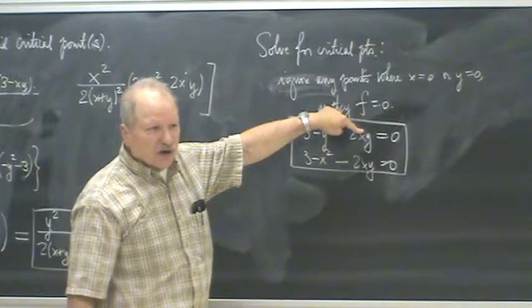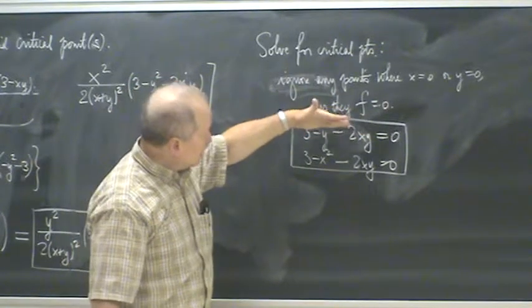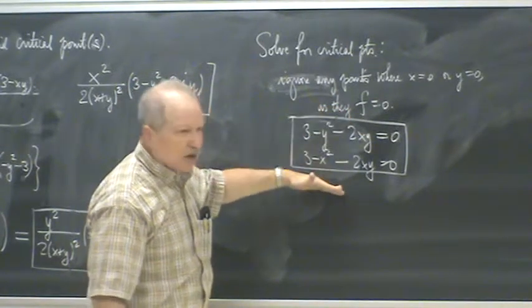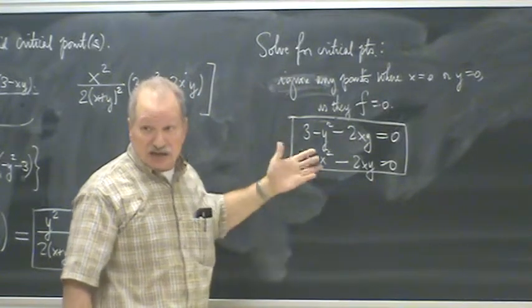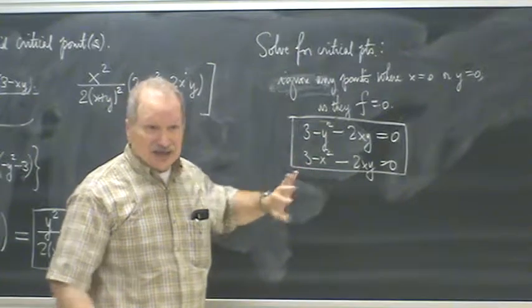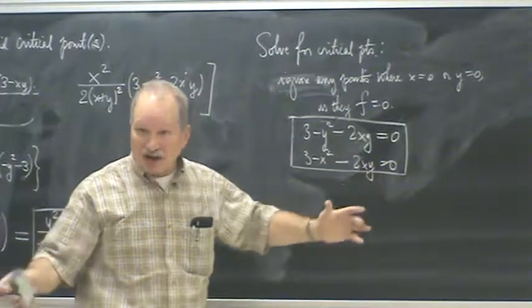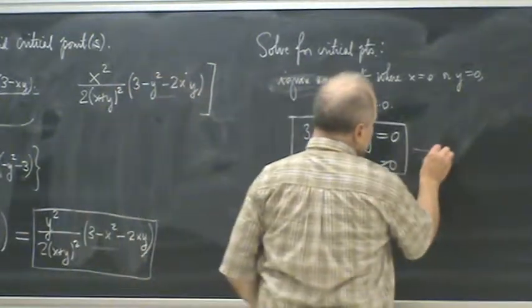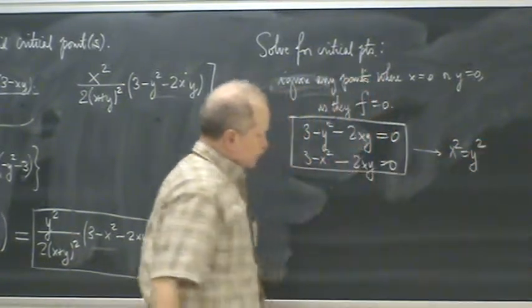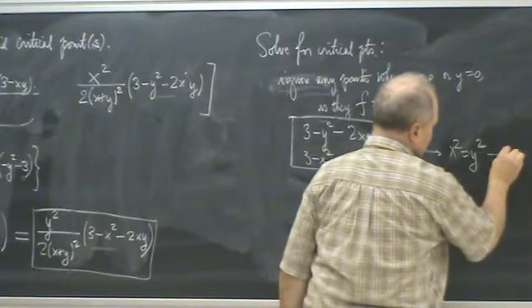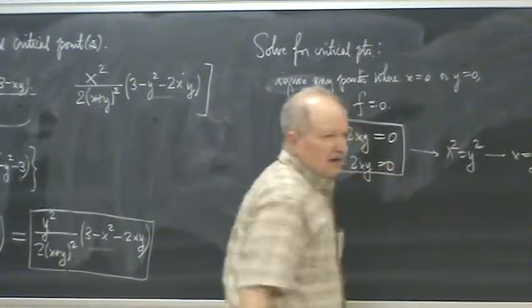So what do you infer? You infer that if these both hold, if I subtract the equations, I find out that y squared minus x squared is 0. That's not all the information, but that's part of the information. So combining these gives that x squared equals y squared. And since the values are positive, that says x is y.